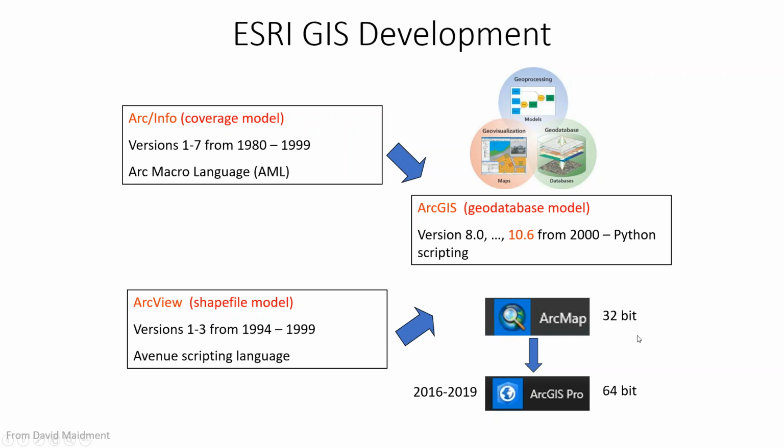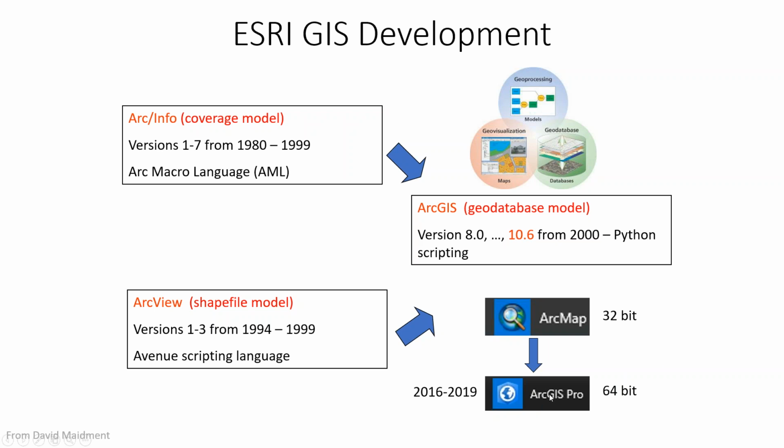Then when computers started switching from 32 bits to 64 bits, ArcGIS Pro came out, so that's the first 64-bit software, and it's really rebuilt from the ground up to take advantage of 64 bits. And that's been around for about 4 years now. It came out in 2016.